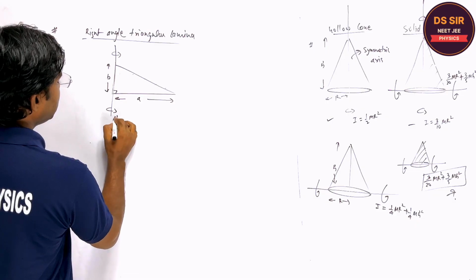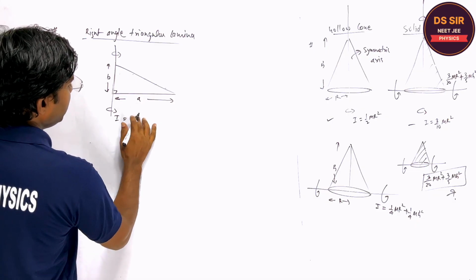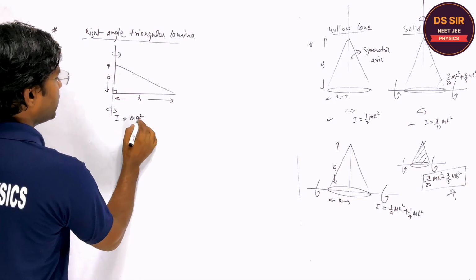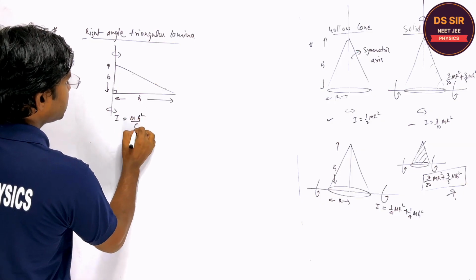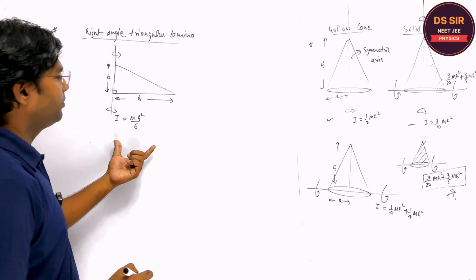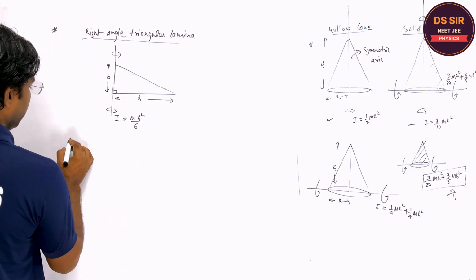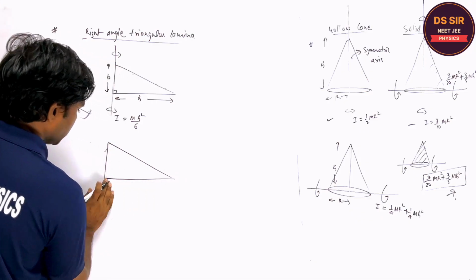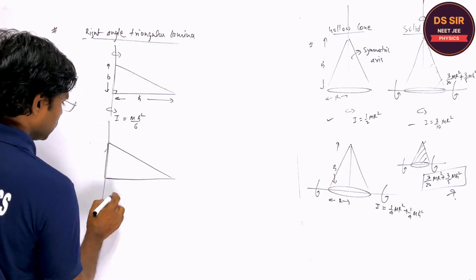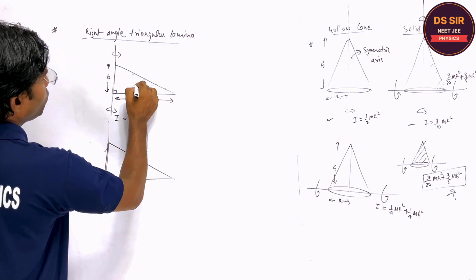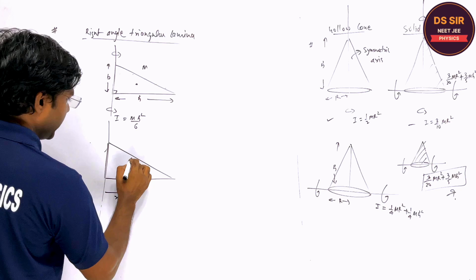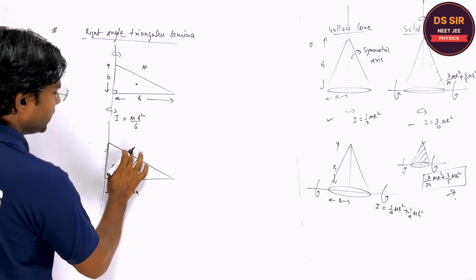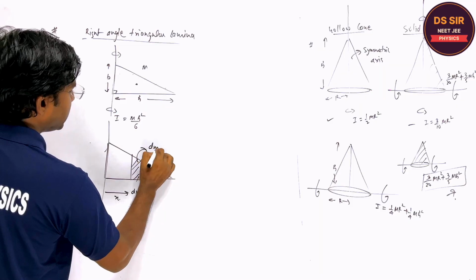You have to remember this moment of inertia is ma square by, if you assume this is to be h, mh square by 6 is the answer. And how does it come? I will try to explain. For example, listen, if you want to find the moment of inertia about this axis, so at distance x, the total mass is m. At distance x, you may assume the elemental portion of dx, and the mass is dm.